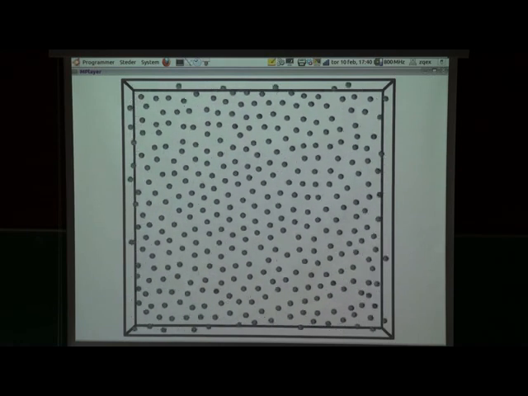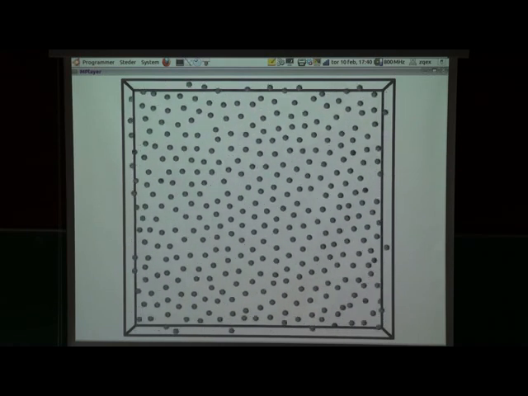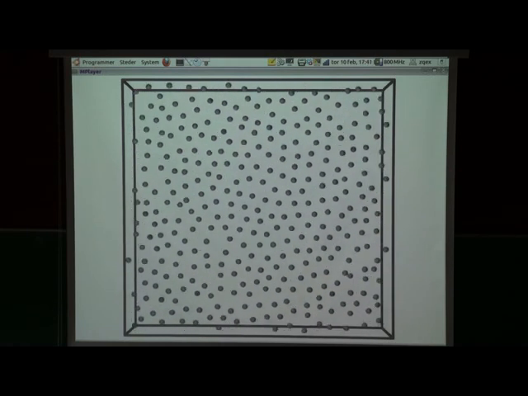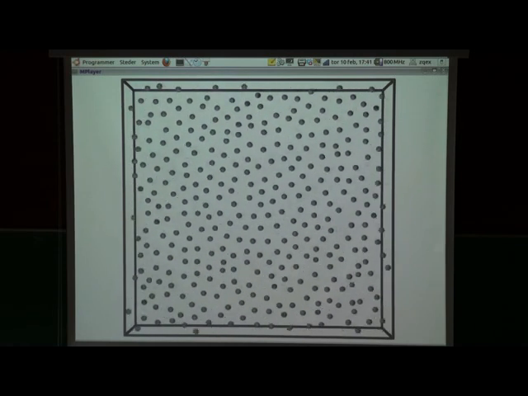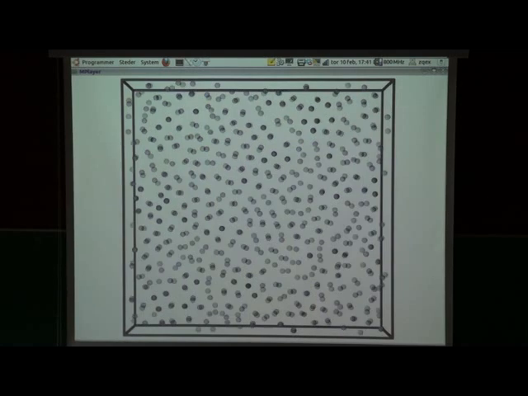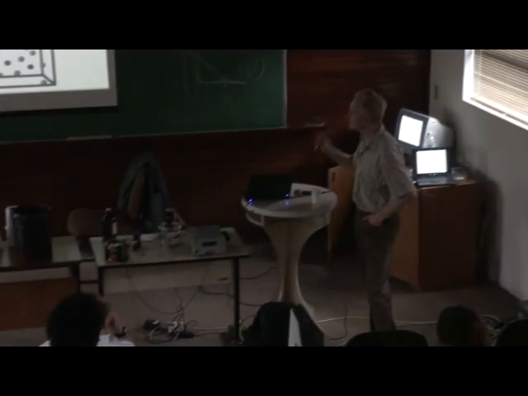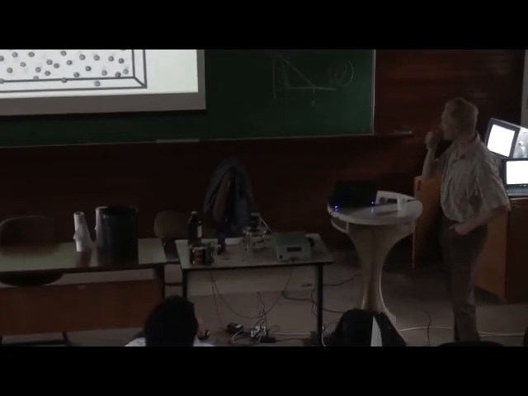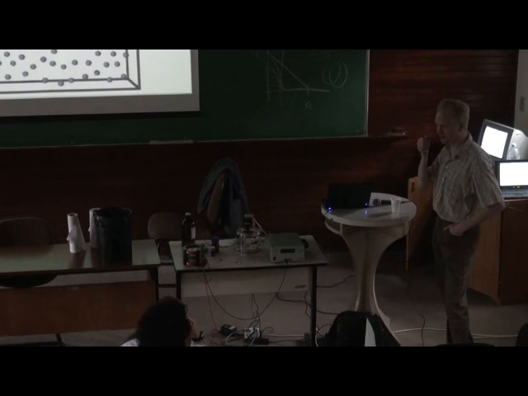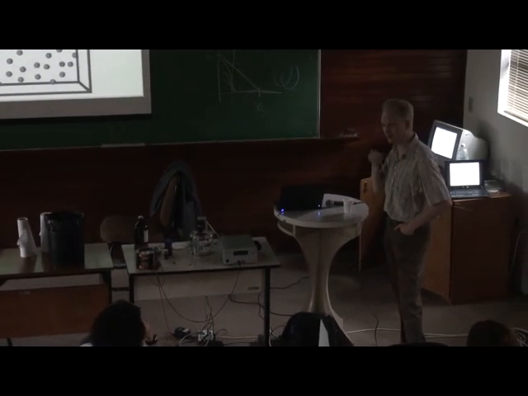Yes? How do you introduce fluctuations on parameters, for example, temperature, concentration? Because we know that in actual systems you have fluctuations of capacity, for example. In this simulation, how do you introduce this? Because of finite size, there's always going to be fluctuations. So it comes out of the dynamics.